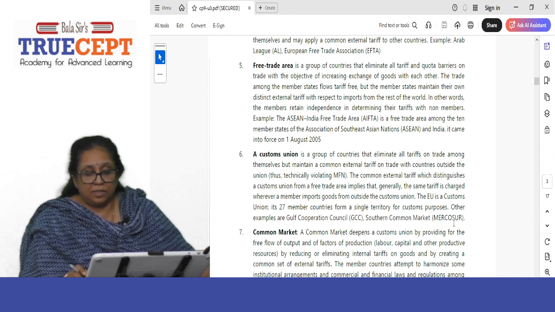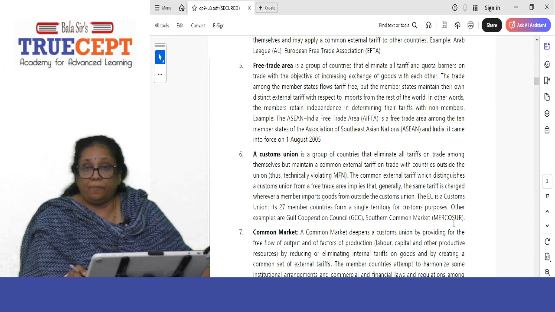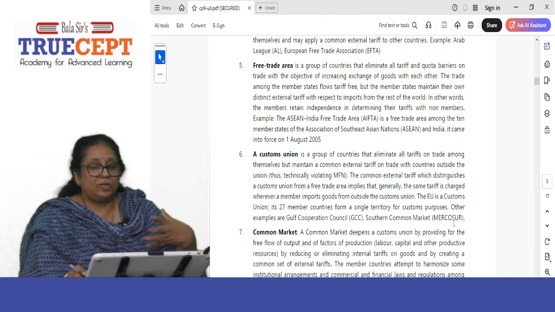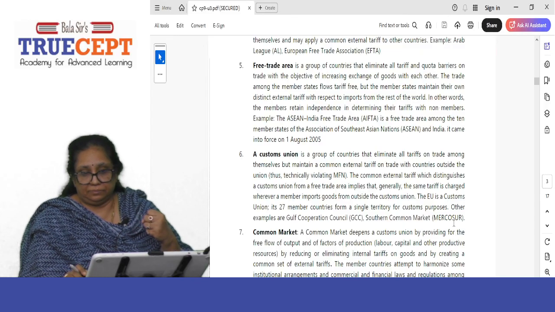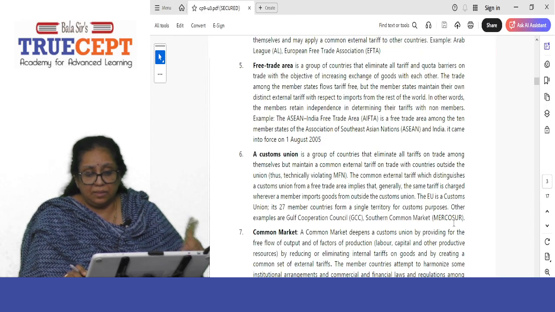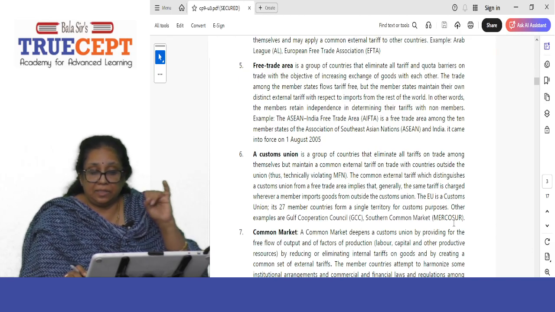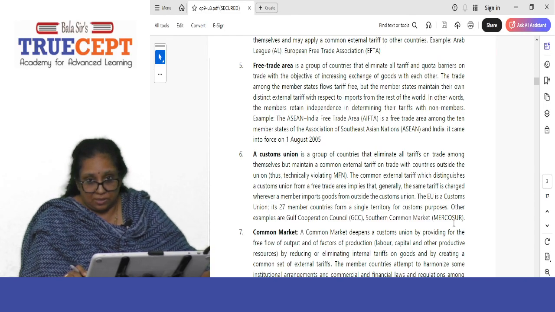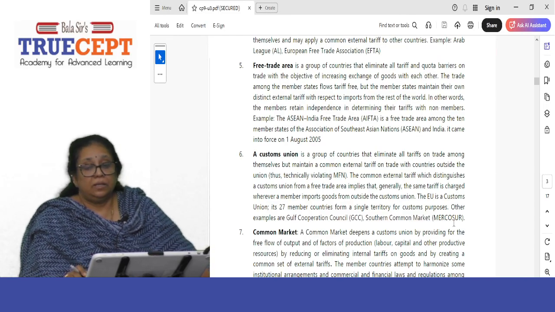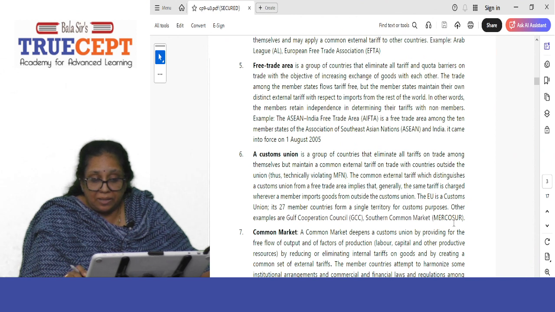Then they might ask which is not true. When they ask this, they will pick from these options, but the major difference happens to be a common external tariff on trade with countries outside the union. Here, they eliminate all tariffs among member states, and all quota barriers to trade are removed with member states.